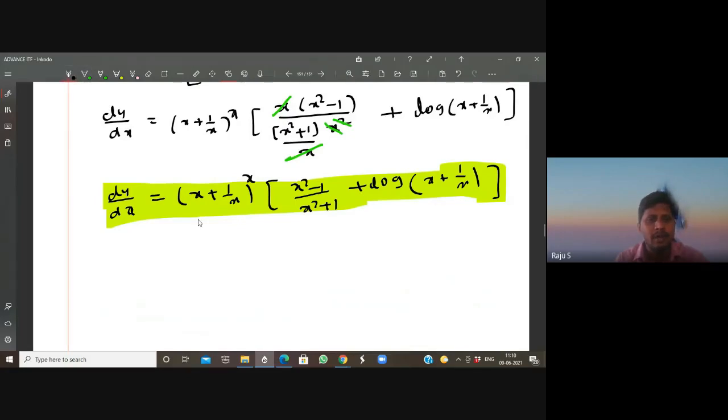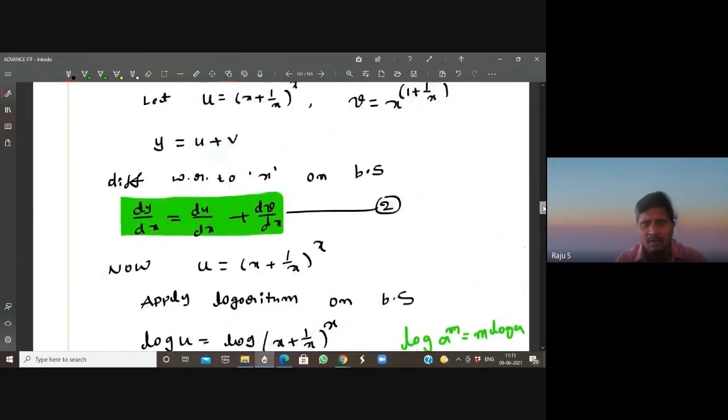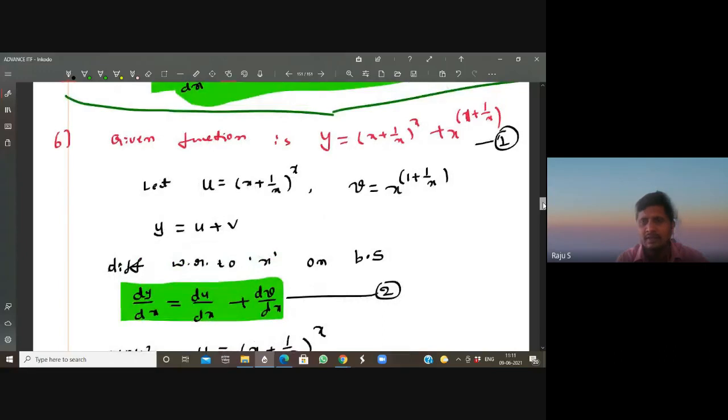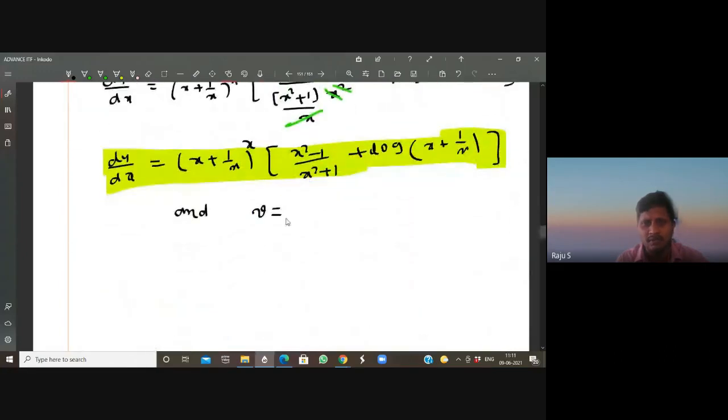This is du by dx now. Again, also take v. What is v? When I compare, v is x power 1 plus 1 by x, x to the power of 1 plus 1 by x. Now here also take logarithm on both sides.